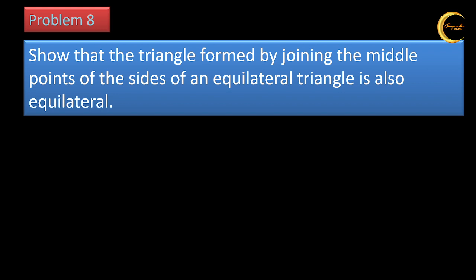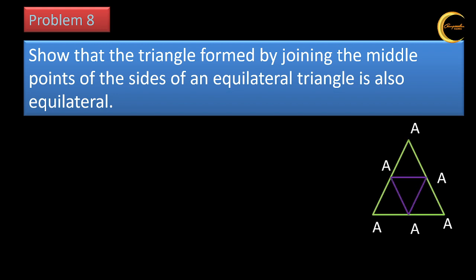So we have to prove that if we join the three middle points of this equilateral triangle, then it also forms an equilateral triangle, like this way. Oh, sorry, this should be B and this should be C and this should be E, and this should be F and this should be G.